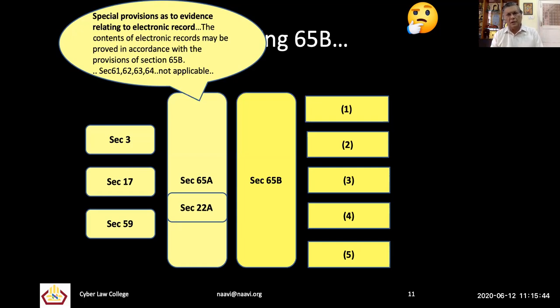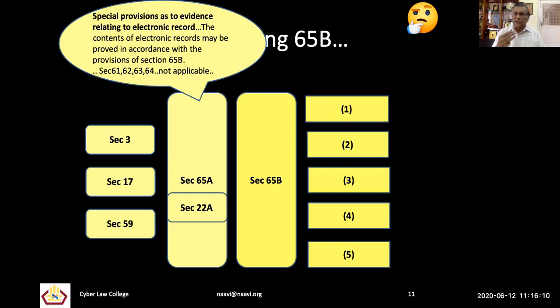So section 65A on the one hand says that the immediately previous sections, which are applicable for primary and secondary documents, referring to documents other than the electronic documents, are not relevant for electronic documents, and therefore we have to look at electronic documents only from the perspective of section 65B.